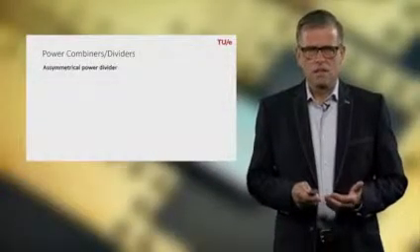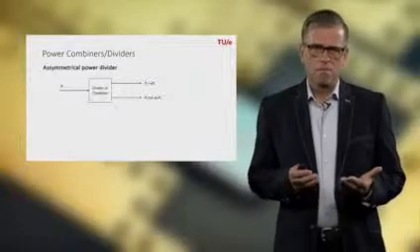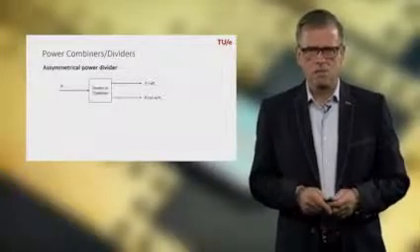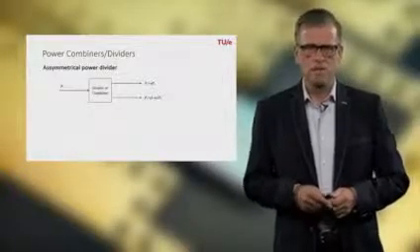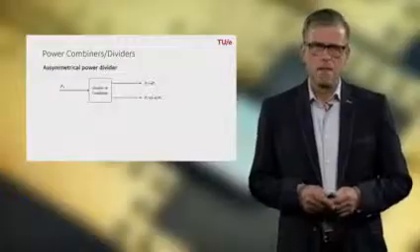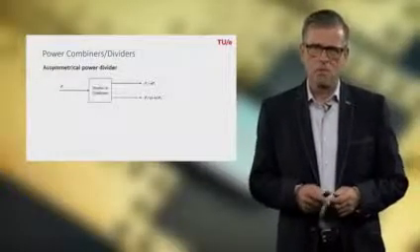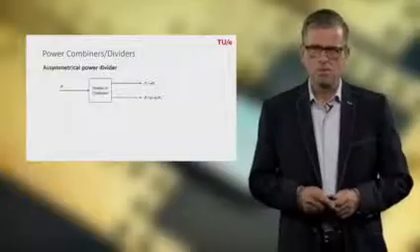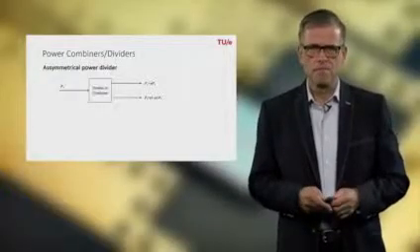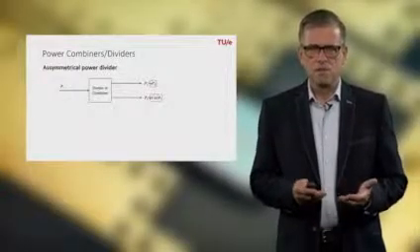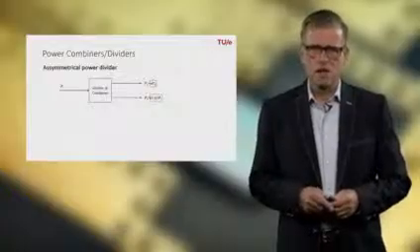Well, the general block diagram of a power divider, in this case an asymmetrical power divider, is shown here. We have an input power P1. At the output of the divider, at port 2 we have an output power P2, and at port 3 we have an output power P3. The division fraction is indicated by alpha.